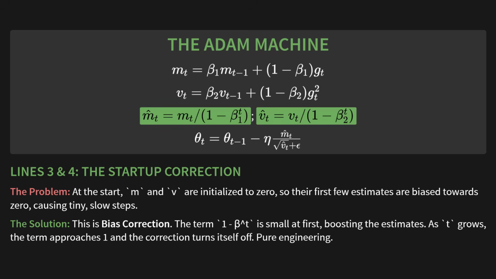M hat sub t equals m sub t divided by 1 minus beta 1 to the power of t, and the same for v. That term, 1 minus beta to the power of t, is small at first, which boosts the estimates. But as t gets bigger, that term approaches 1, and the correction just turns itself off. It's pure engineering. So clever.